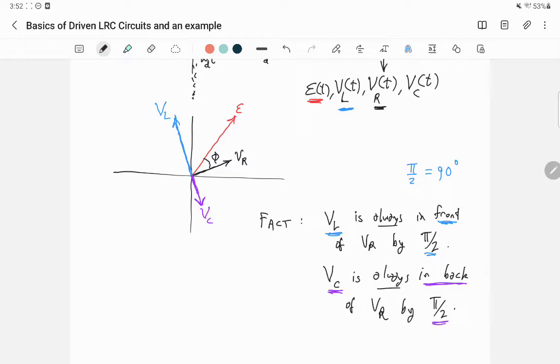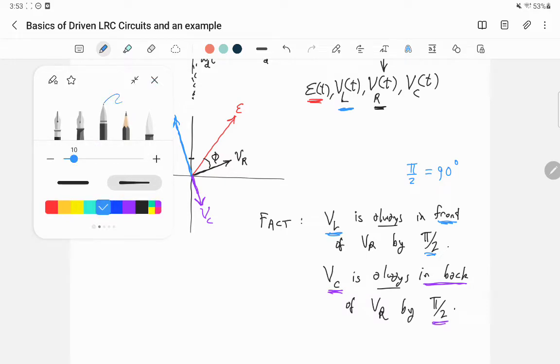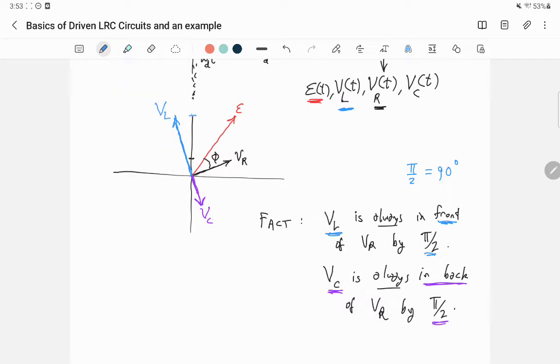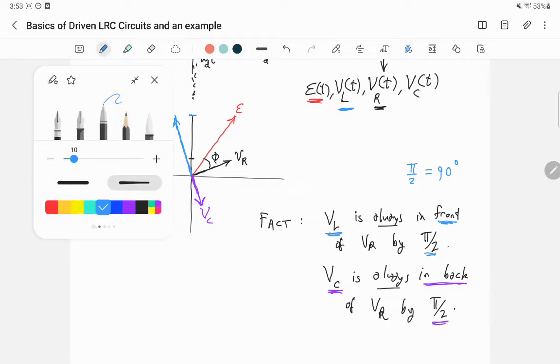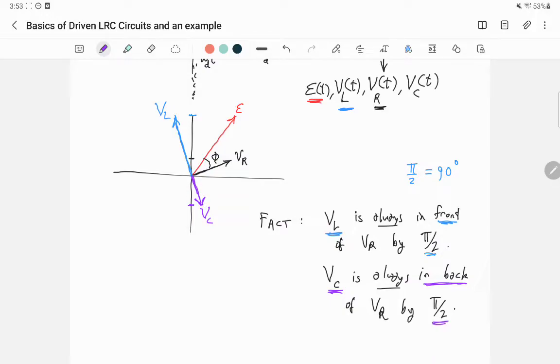So the value of the voltage across the resistor as a function of time is the projection onto the vertical axis. The value of the inductor voltage as a function of time is the projection onto the vertical axis. And the value of the capacitor voltage as a function of time is the projection onto the vertical axis.